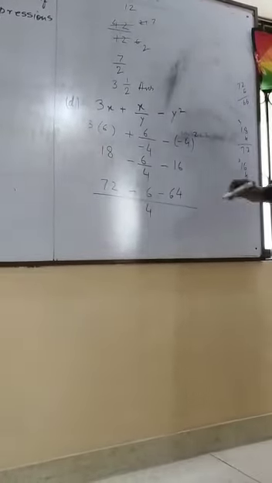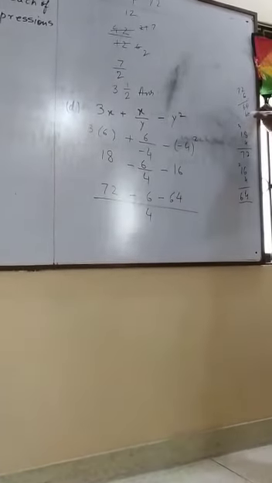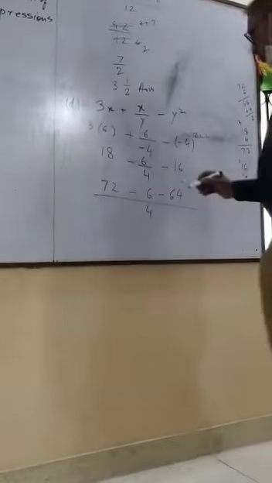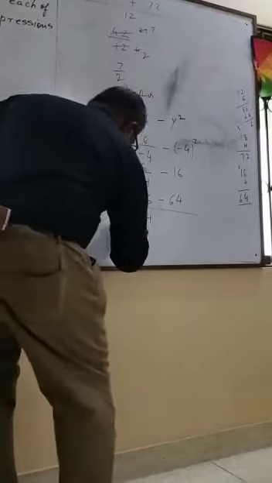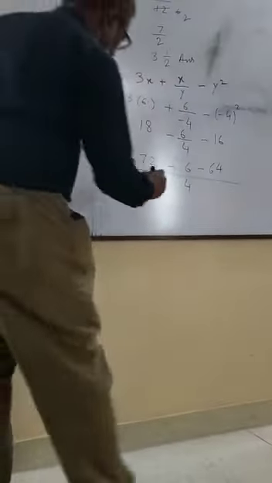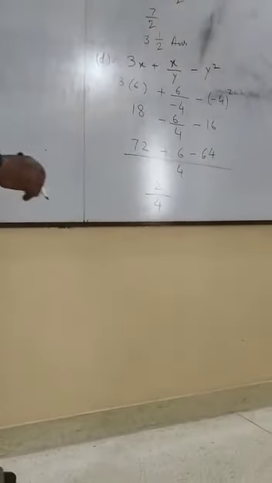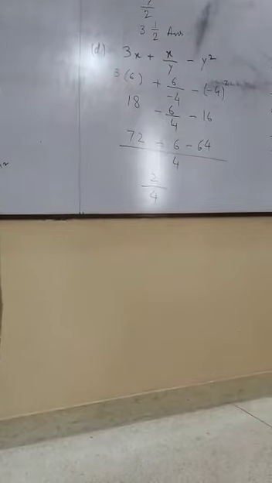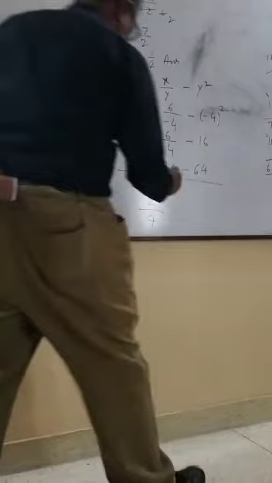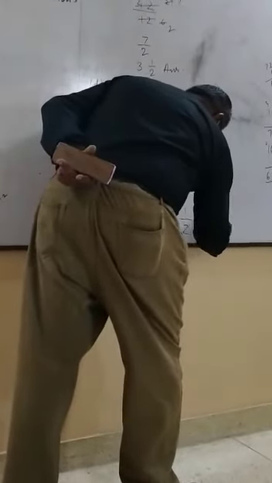Okay, and 66 minus 64 will give you 2. So this will be 2 upon 4. Okay, so this 2 upon 4 will become 1 upon 2 after cancellation, and this is going to be your answer.